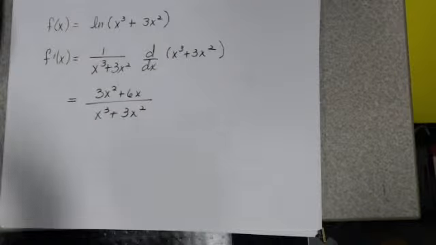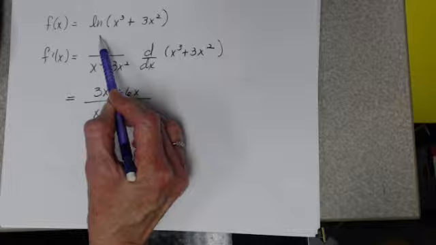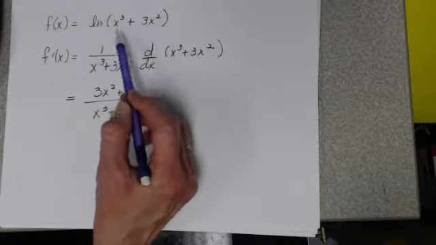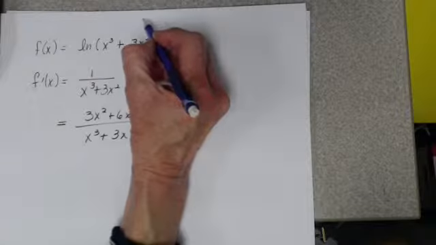Now in the second part, I've got the natural logarithm, which is the inverse of the exponential function base e, and I need to find its derivative, so I've got to use the chain rule.